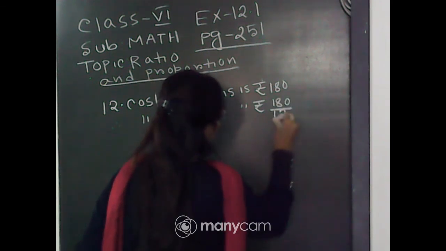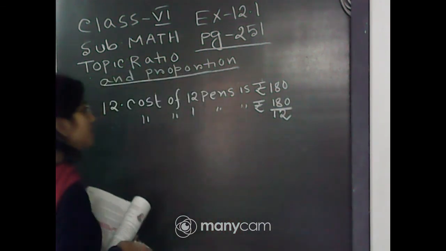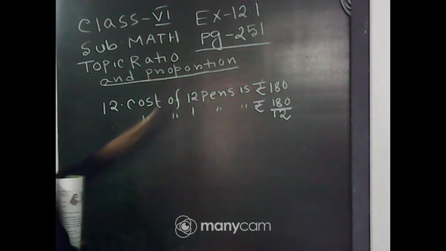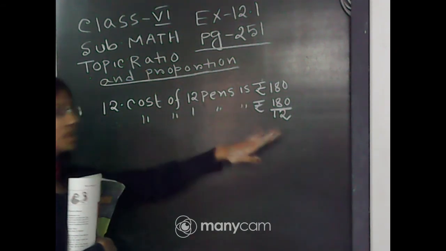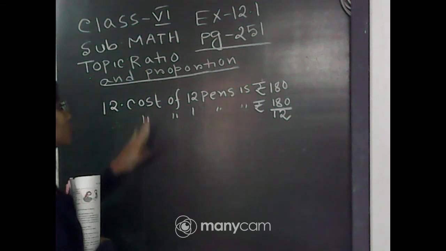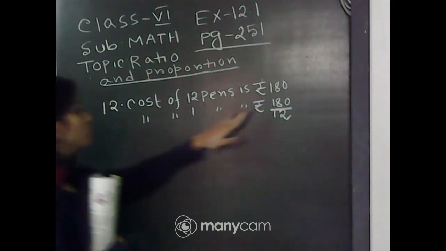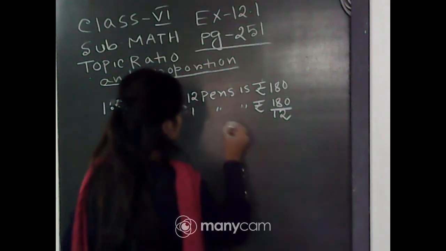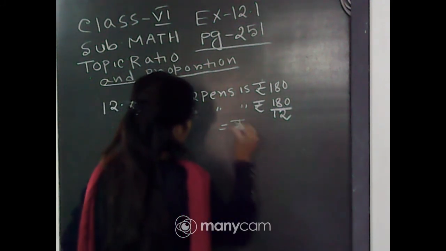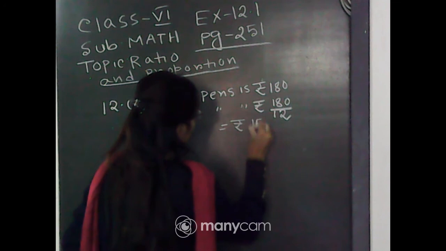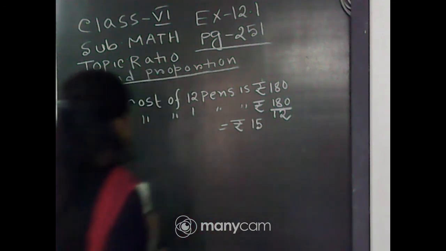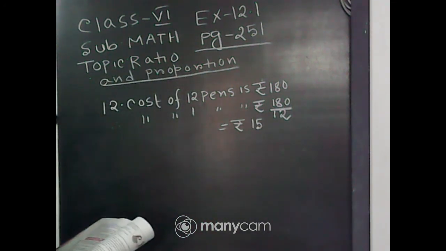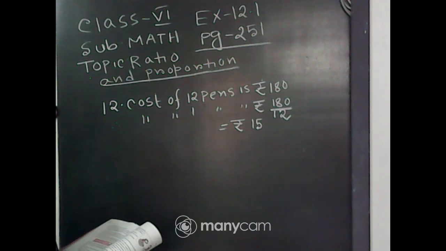Cost of one pen is rupees 180 divided by 12, and this is equal to rupees 15.